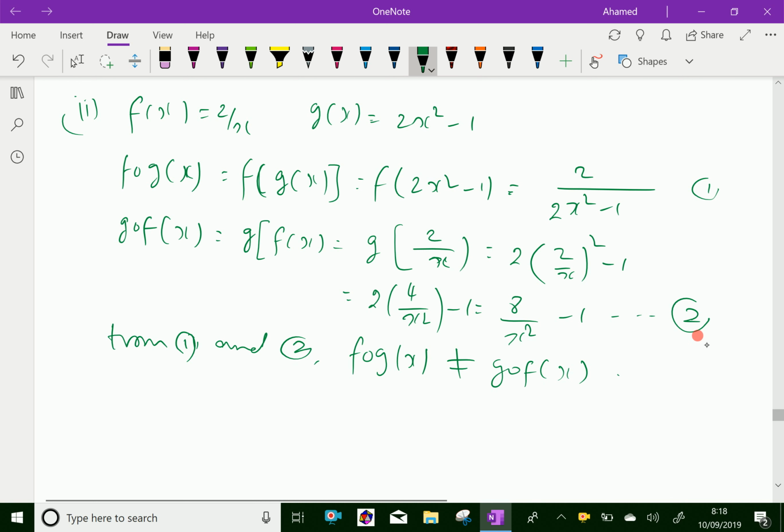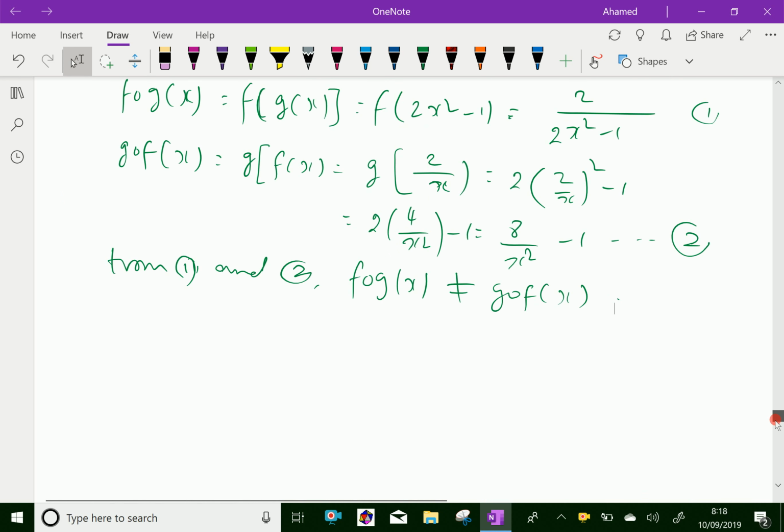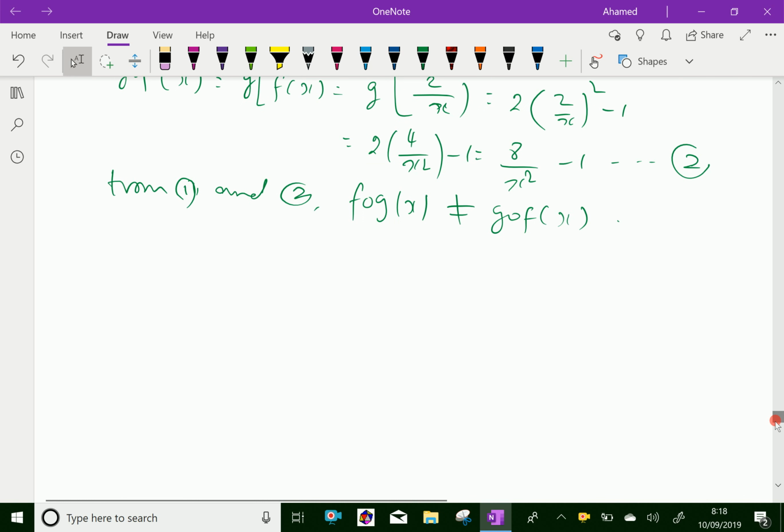Question number 3. f of x equal to x plus 6 over 3 and g of x equal to 3 minus x.